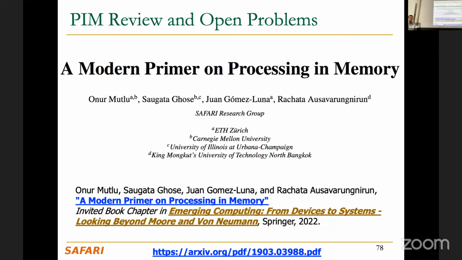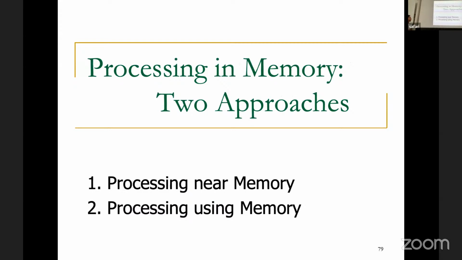It is available on your webpage. So if you are interested in reading more details on the architectures that I'm going to talk about next, please check it out. Before I start talking about the architectures themselves, I'm going to give some taxonomy of the different architectures, or how you classify those architectures.